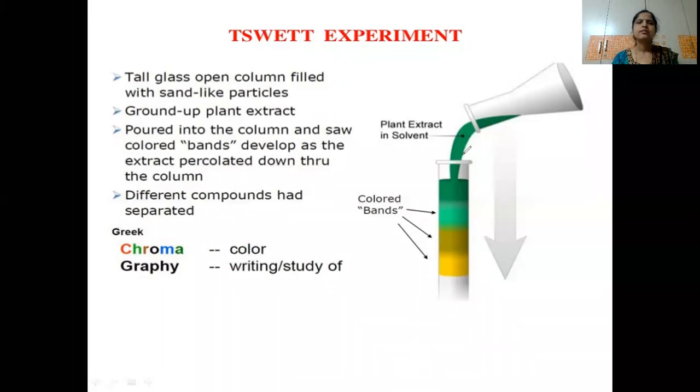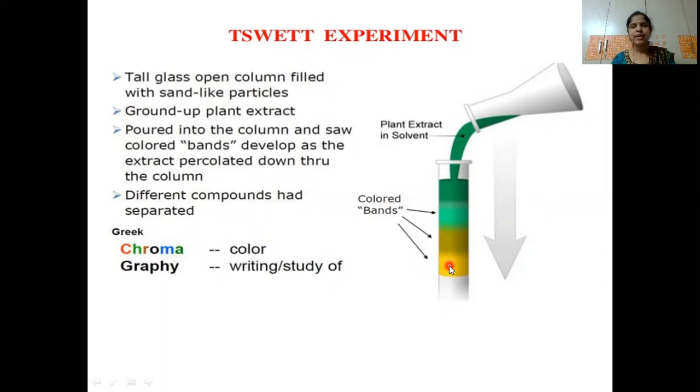As the plant extract is poured into the calcium carbonate, it first gets adsorbed onto the calcium carbonate, which is acting as adsorbent, and then after some time, the solvent percolates through the column, and we can see a clear difference between the bands. All the colored bands are separated from the solvent.